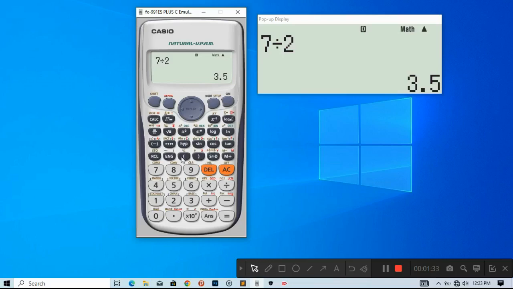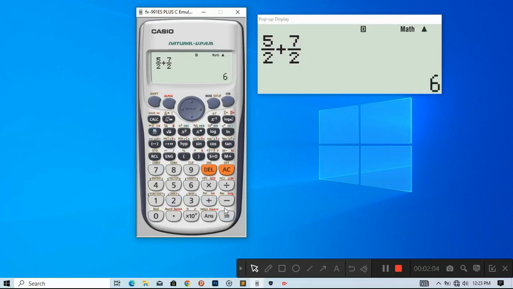Bracket open, 8 times 7, bracket close, plus 7 equals 63. For fraction, punch on this button. 5 over 2 plus 7 over 2 equals 6.